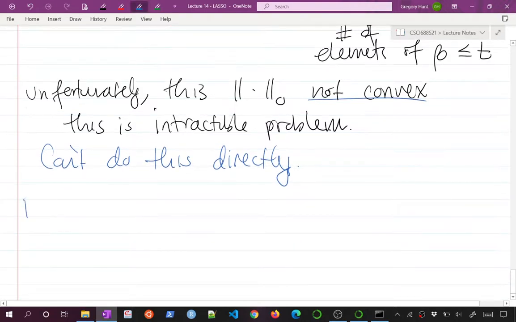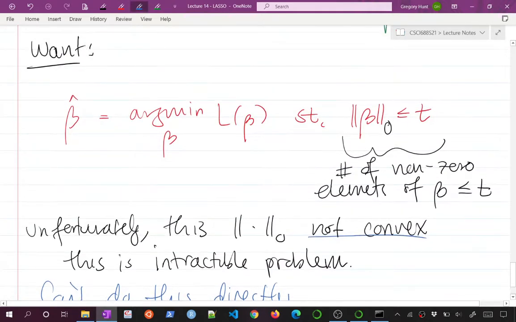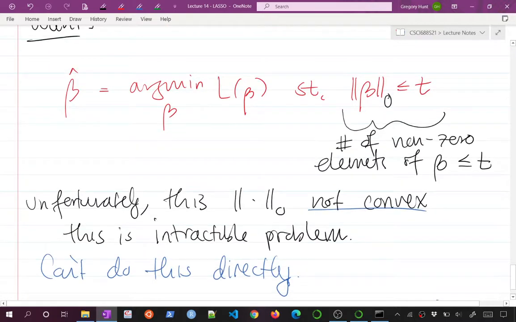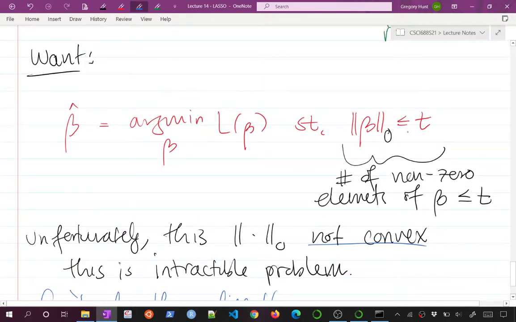What we want to do is relax the problem, and approximate bounding the number of non-zero elements with what's called a convex relaxation. We really want to solve this problem where we count the number of non-zero betas and limit that, but it's not tractable to do computationally.